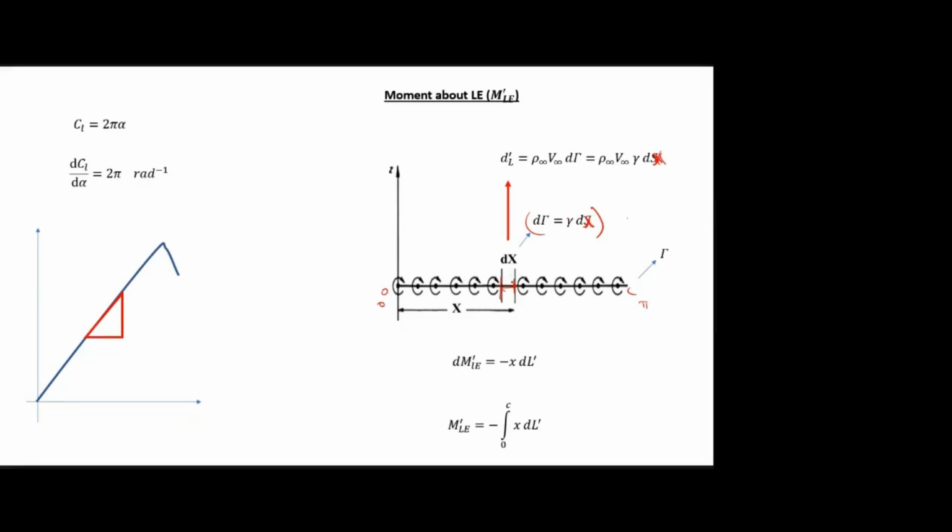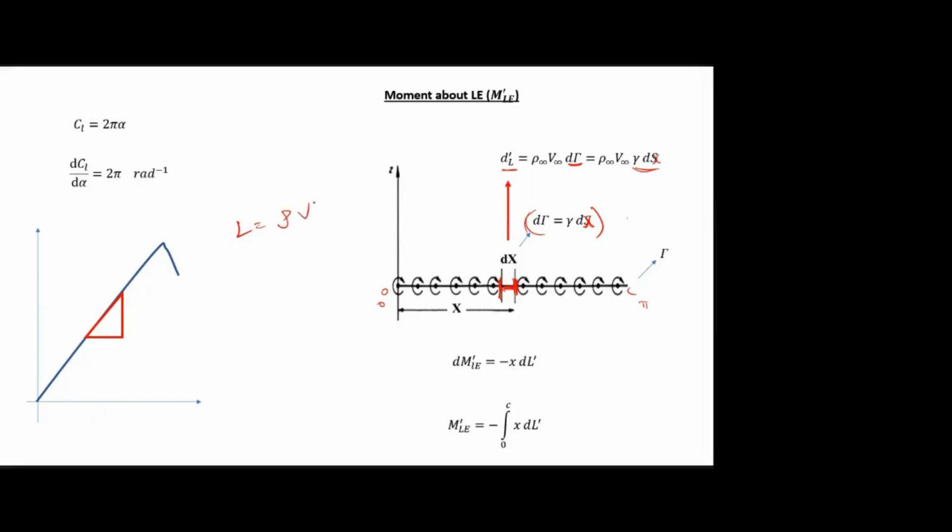Then, we know the complete lift. First I am finding the lift for the small section, which is dL dash. That means rho v gamma. Here the strength is d gamma, and d gamma I can get as small gamma dx. Is it clear? On the thin airfoil, I am taking one small distance dx, where the strength is d gamma.